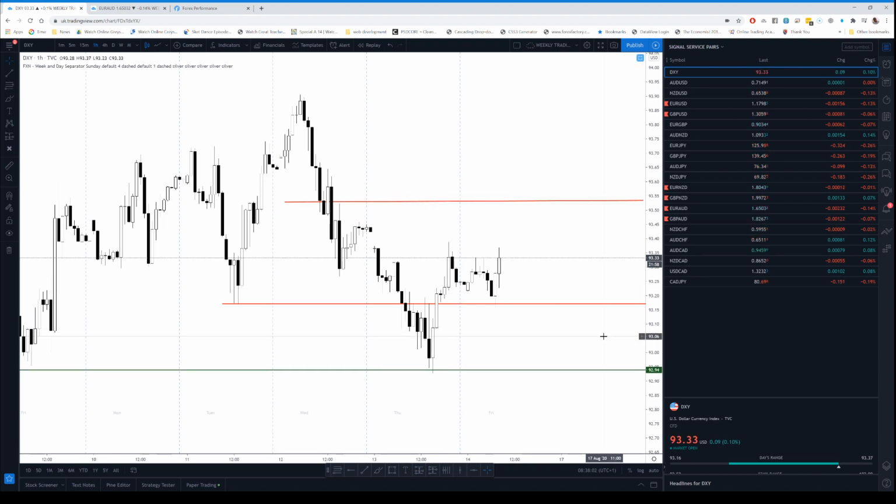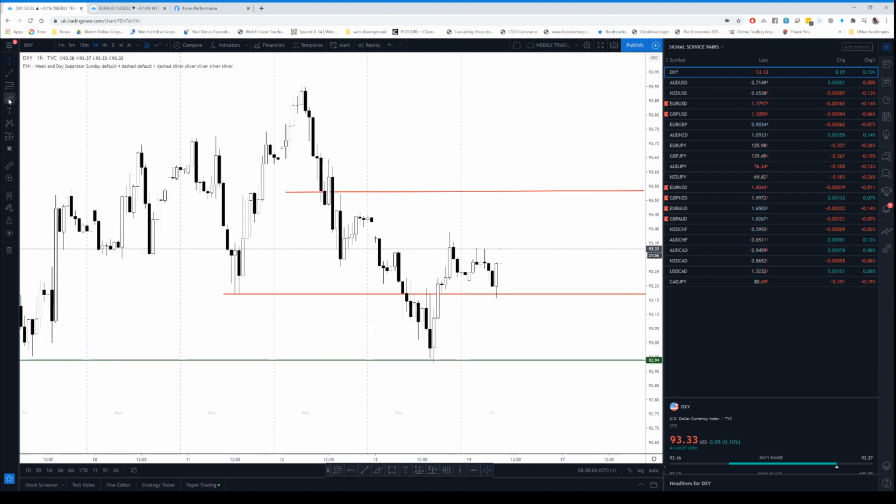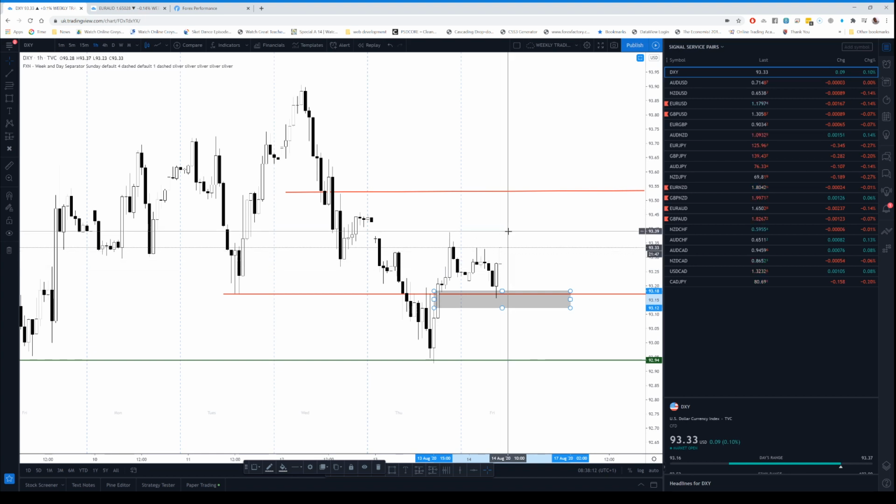And I don't think price should come there either, because of this here and price rejecting. But in case it does, until it closes below, you still hold on to your shorts. Only close the short if we do close below, and then wait. If it does give you a rejection back up again above this line, then you sell again.